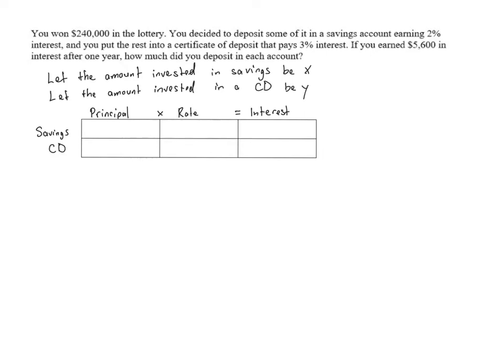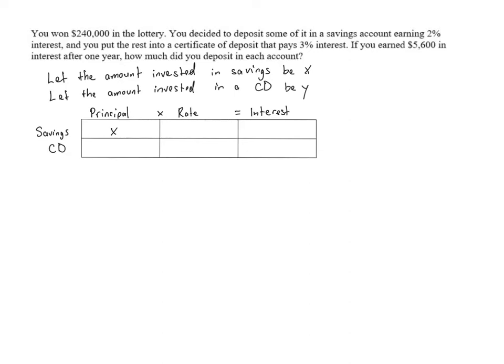And now we have to fill in the information in the table. We'll start in the upper left-hand corner. The principal for the savings account, remember principal is the amount you invested, well, that's going to be x, because in our first let statement, we wrote let the amount invested in savings be x. So that's represented by x.